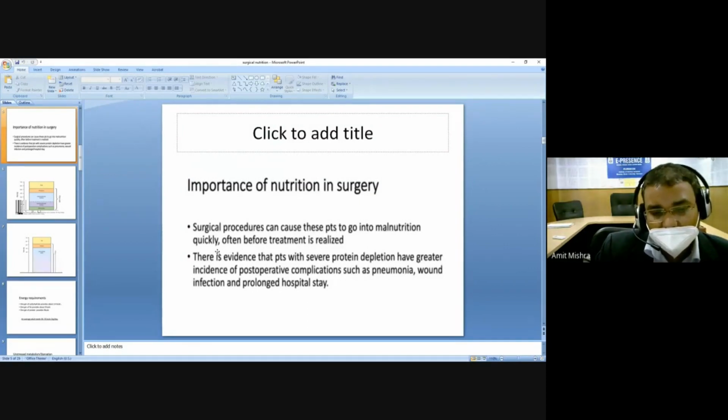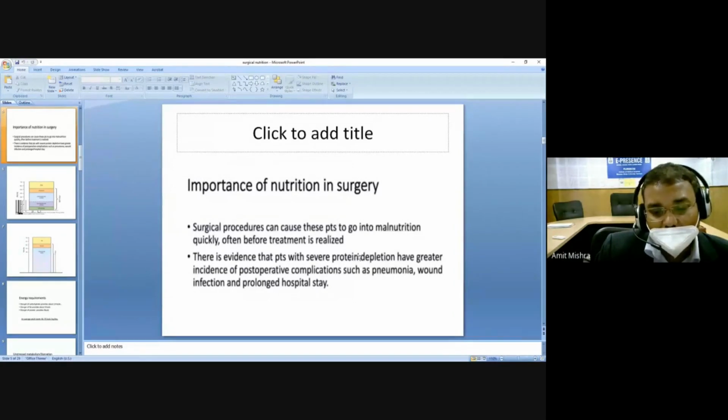Also, if post-operative pain is relieved, it ultimately leads to a decrease in the inflammatory phase and the catabolic phase. So surgical recovery is good. And impaired pulmonary function and increased cardiac demand can be addressed if pre-operative optimization is done properly.